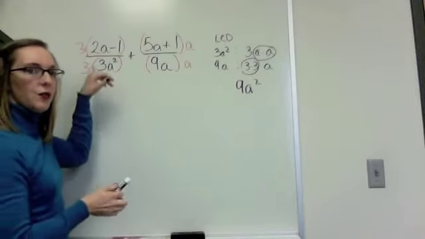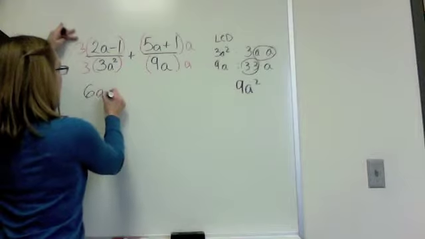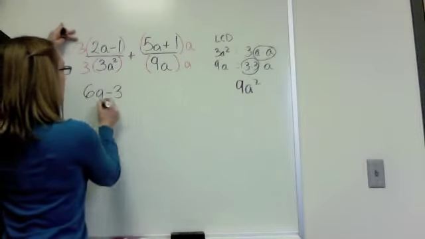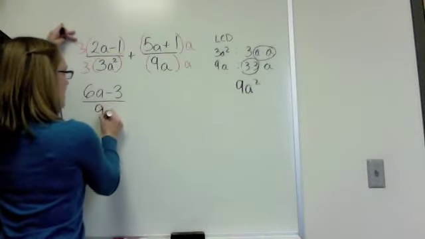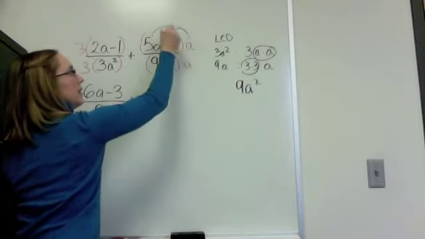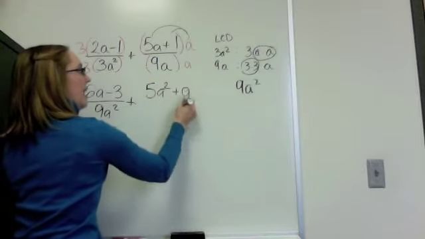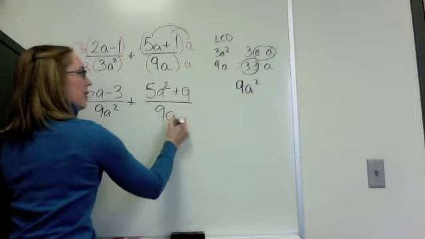And I have to distribute. So this is going to give me (6a minus 3) over 9a squared plus, distributing here, (5a squared plus a) over 9a squared.